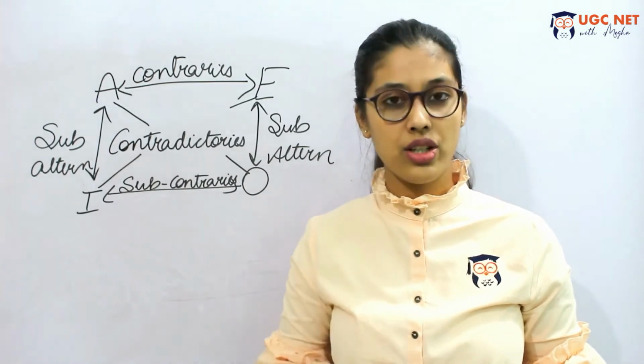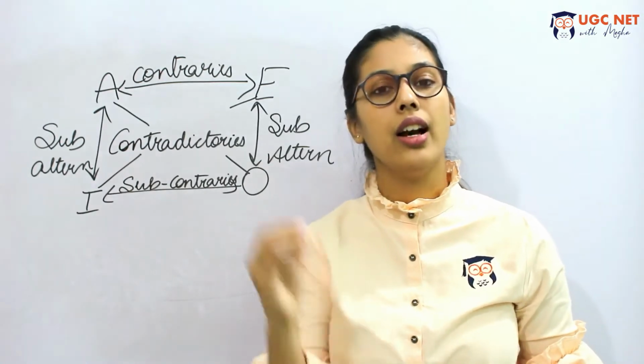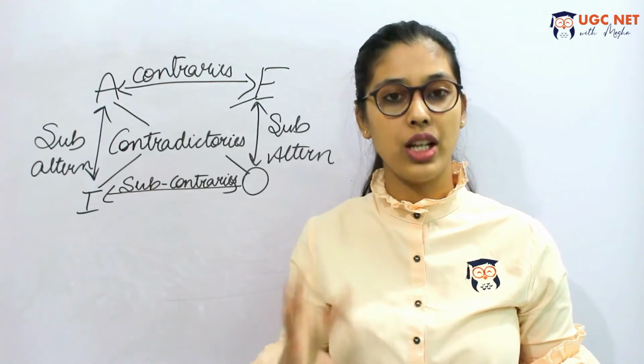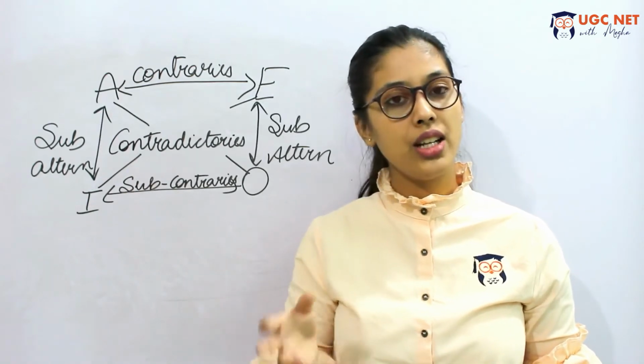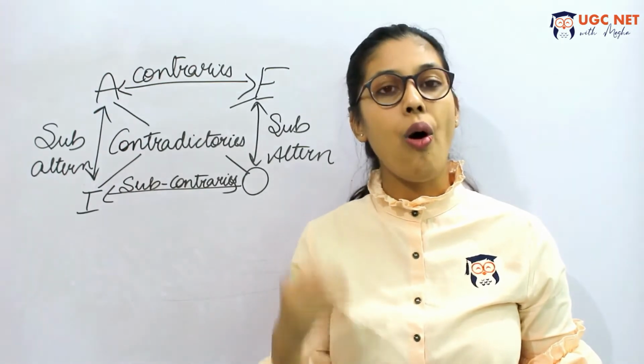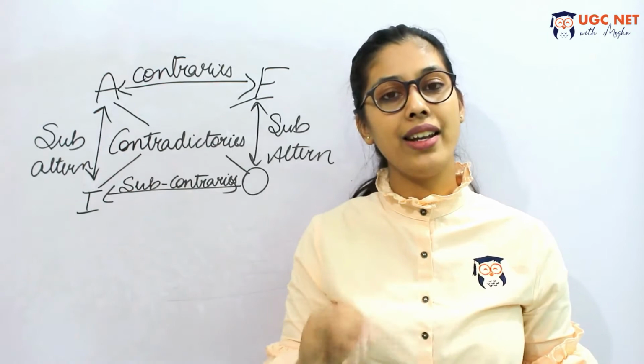The first set of question is, you are given two statements, that is you might be given an A type statement and an I type statement, and would be asked the relationship between them. Or you might be given a question like all pen are blue, and another statement is some pen are blue.